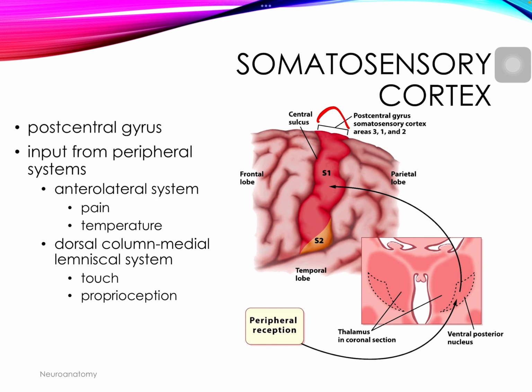And this somatosensory area, very important for being able to understand and sense the environment around you. So, for example, it's really important for things like pain and temperature, being able to have a sense of your environment around you.